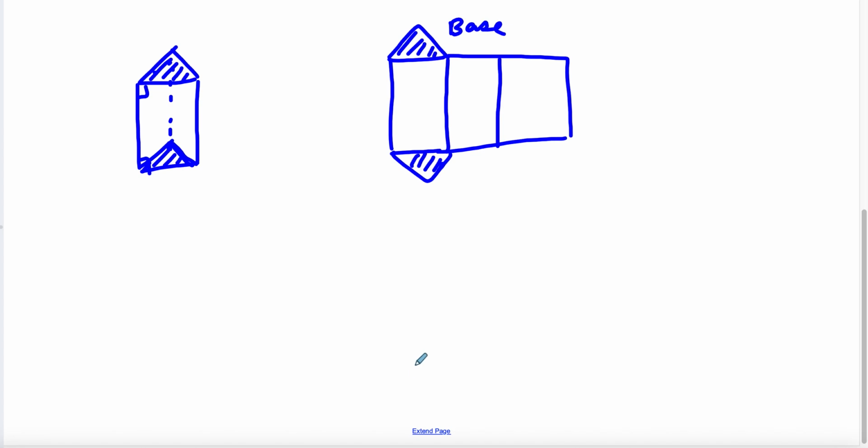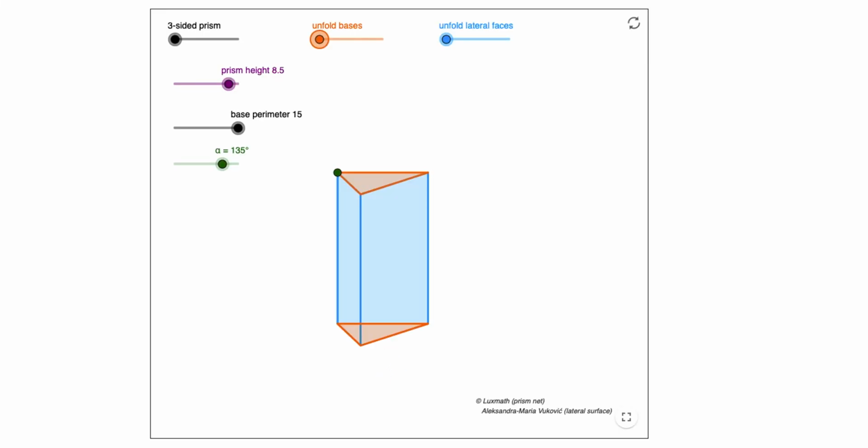I'm going to show you how you can use some virtual manipulatives for that. Again, this is in GeoGebra. This is called a triangular prism because, as you can see, the two bases are congruent, exactly the same size and same shape. And I'm going to show you how to unfold the bases. So I'm going to unfold these two bases. Then they look like triangles, especially equilateral triangles, where all three sides are congruent.